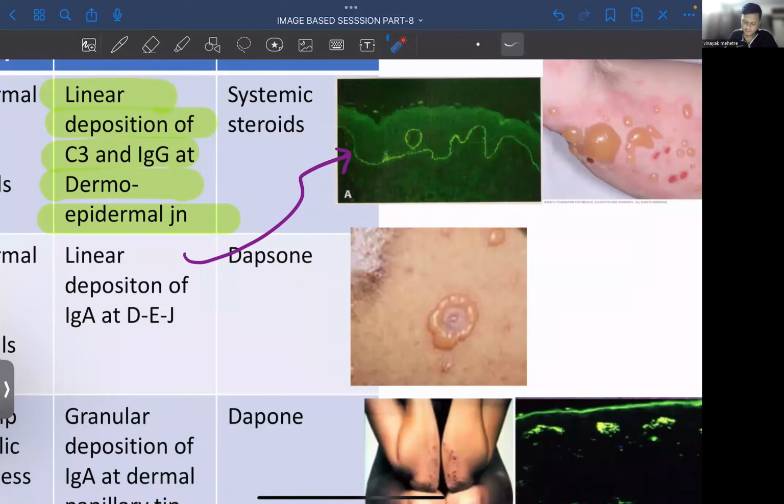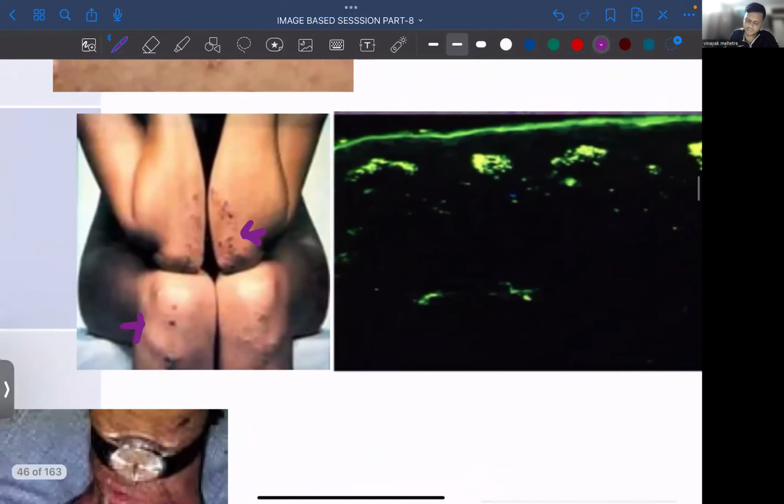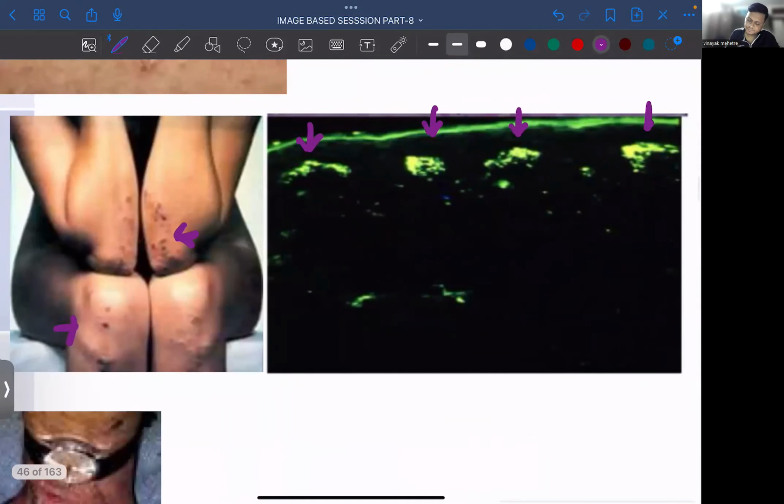Then comes dermatitis herpetiformis. What you are going to see? Lesions on hand, elbow, and knee. And if you do immunofluorescence, what you will see? You will see granular lesions. Okay?